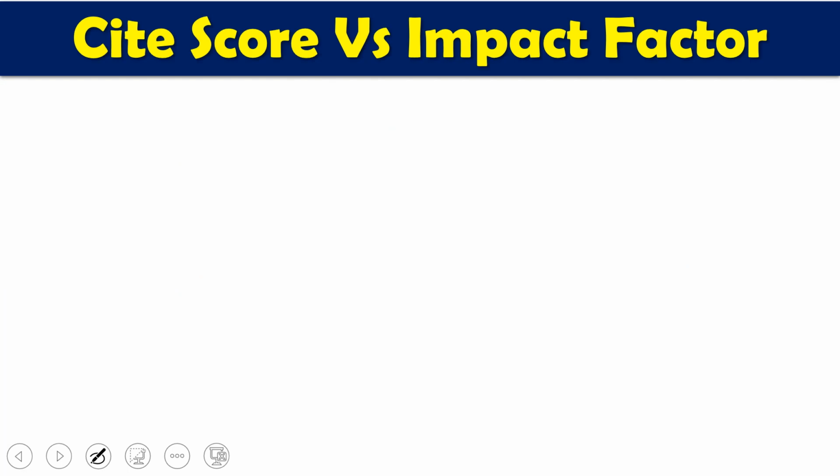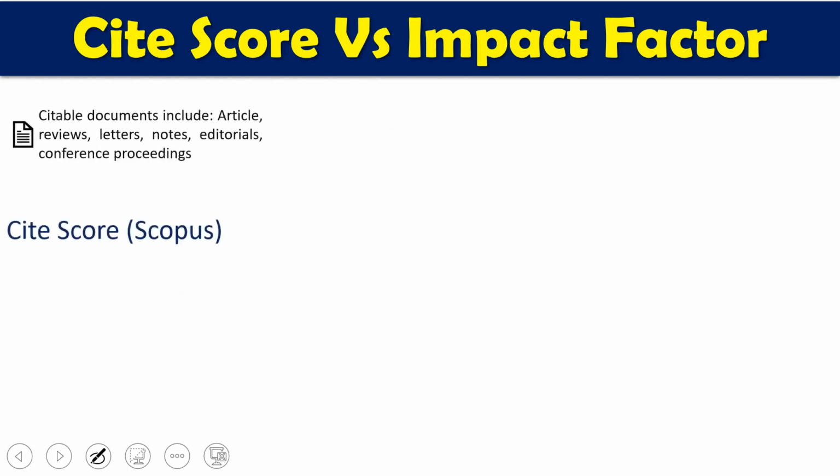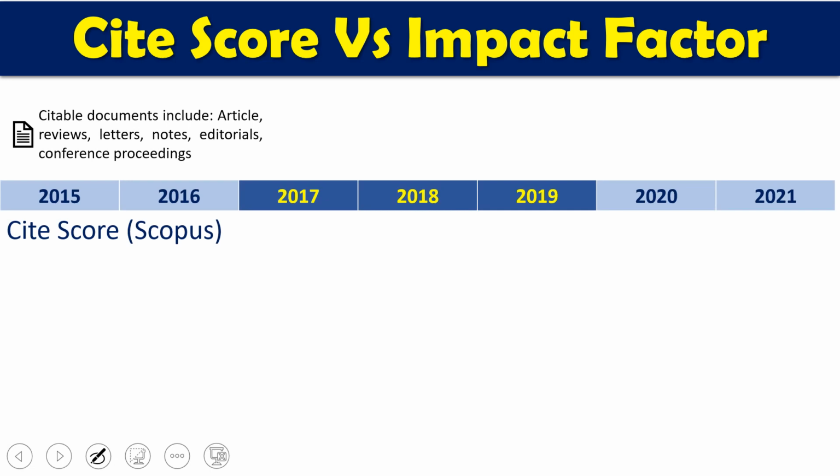Now I'm going to compare cite score versus impact factor. Cite score, the parameter given by Scopus, includes all citable documents: article, review article, letter, note, editorial, and conference proceedings. In this example, we have 6-7 years of data.